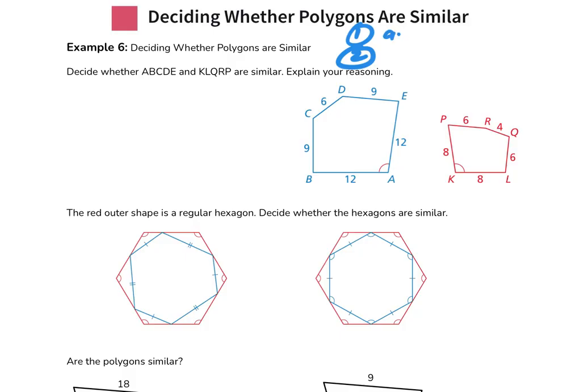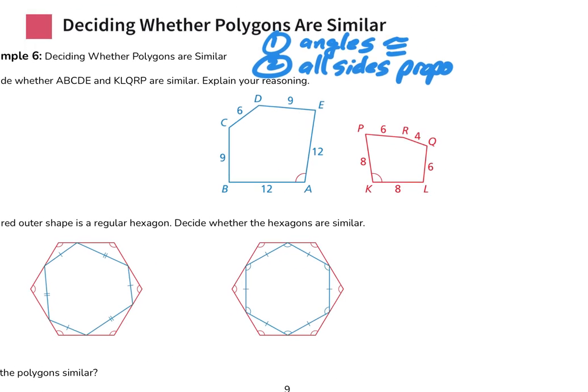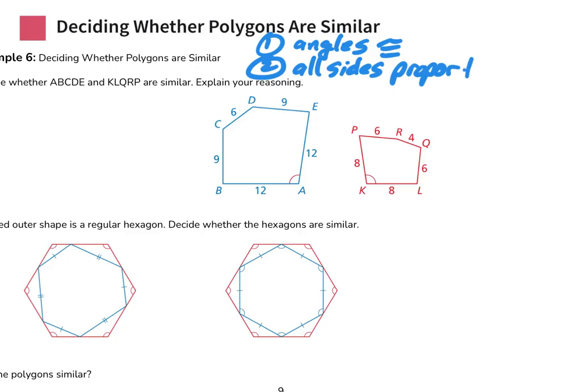Okay, sides do not have to be congruent, but the word we use here, all sides must be proportional, which means they all make the same ratio, the same scale factor. If one of them is different than the rest, then we would say, no, it's not going to work.